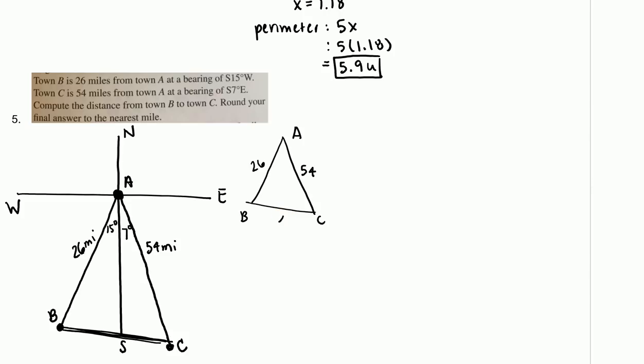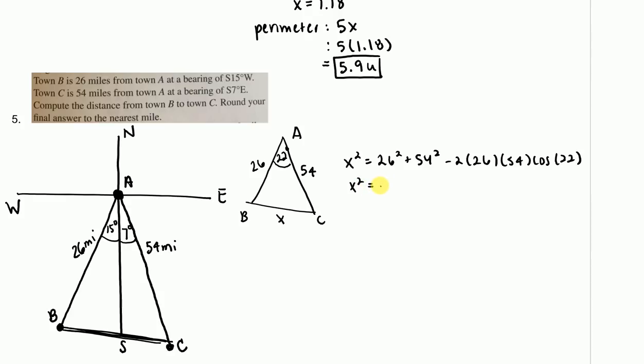We're looking for this side, and we know that this top angle up here is 15 plus 7 degrees. So that would be 22 degrees. So now I can use the law of cosine to find that missing side. So I would have x squared is equal to 26 squared plus 54 squared minus 2 times 26 times 54 times the cosine of 22.